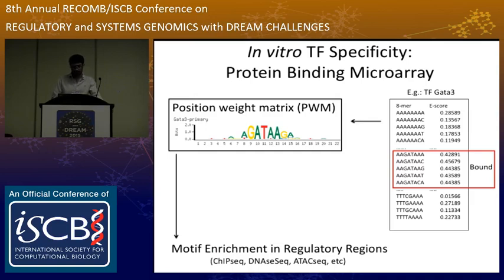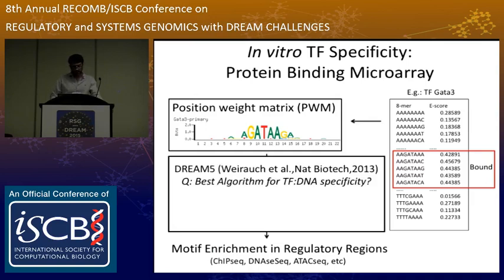The protein binding microarray inspired the previous DREAM challenge, DREAM 5. The main question there was which is the best algorithm that can recapitulate the whole pipeline, and which is the best model to capture the specificity of transcription factors.